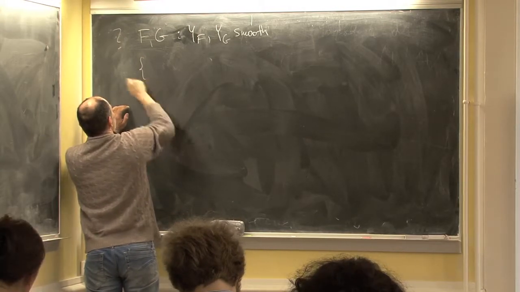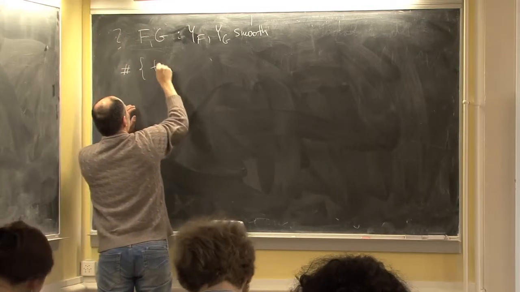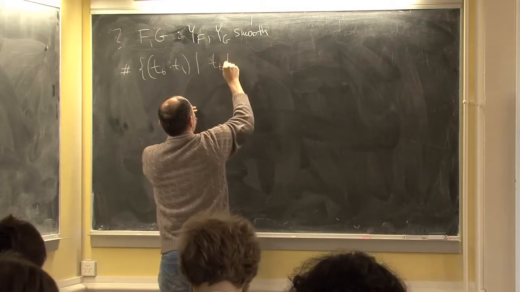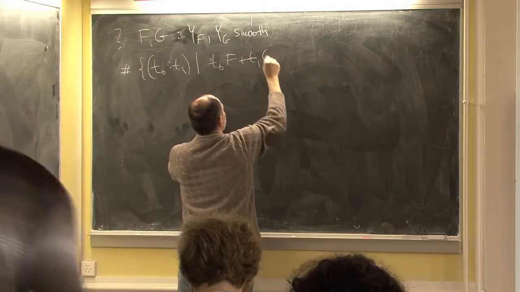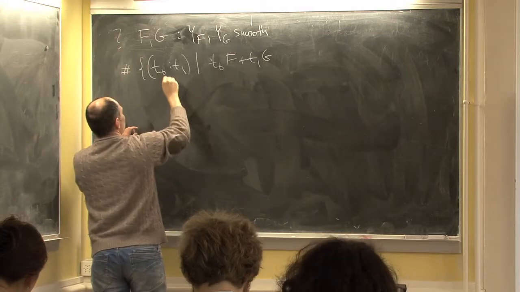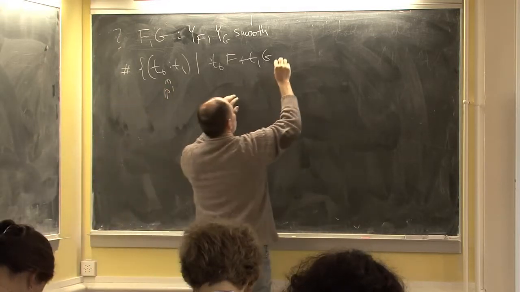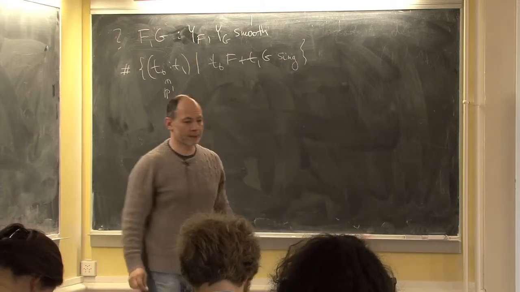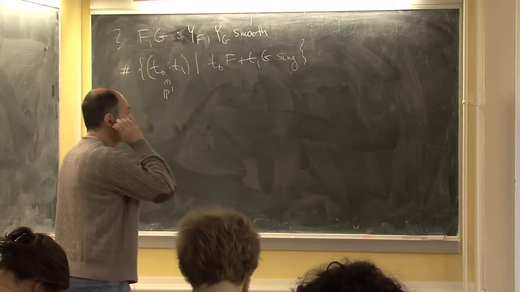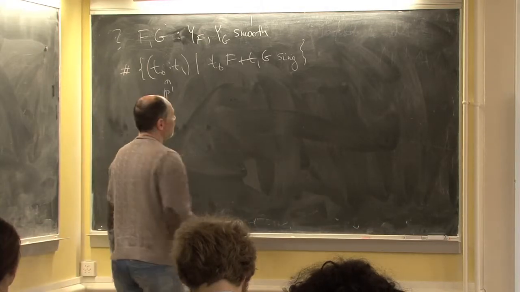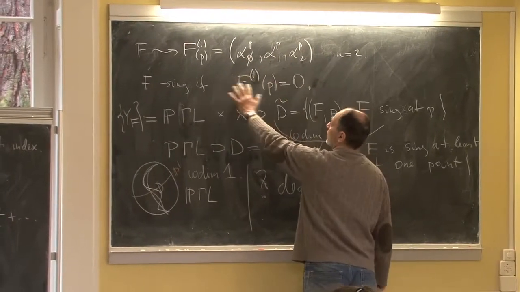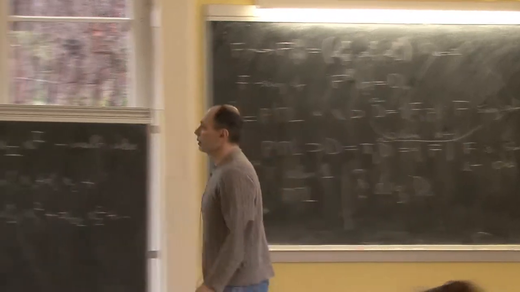I would like to understand the number of (T0, T1) in P1 such that T0 F plus T1 G is singular. And we have a condition for that: it's singular if this is true. This is the most important thing here, that I gave a condition for what it means to be singular.